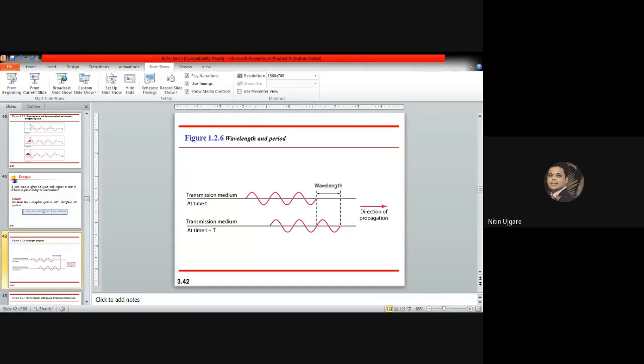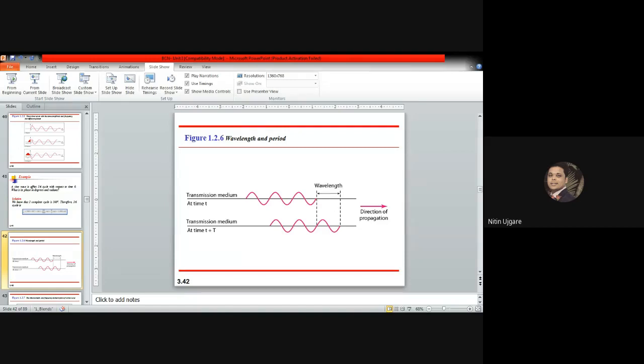So period and frequency are basically inverse of each other. Okay. The number of periods or cycles that a signal completes in 1 second represents the frequency of that signal, whereas the amount of time that a signal takes in seconds to complete 1 period or 1 cycle is called the period.